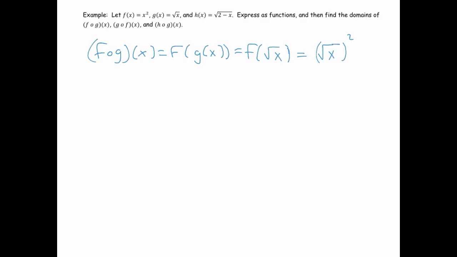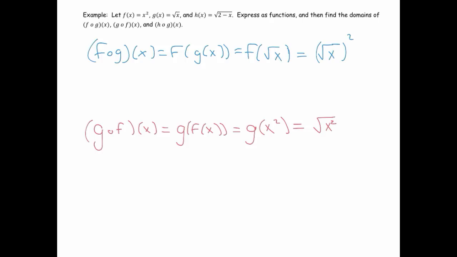On the other hand, g of f of x would be g of f of x, and that's g of x squared, and g takes inputs and square roots them, so it's the square root of x squared.